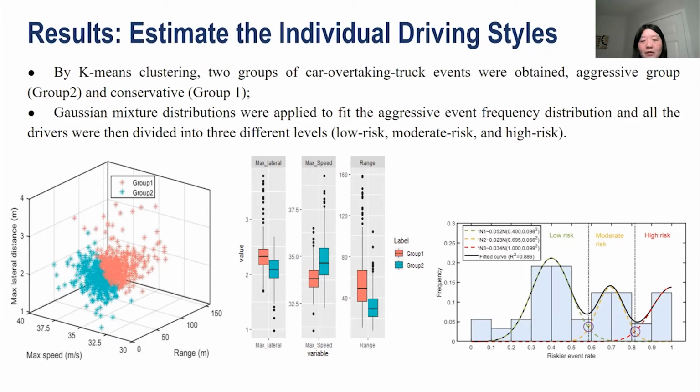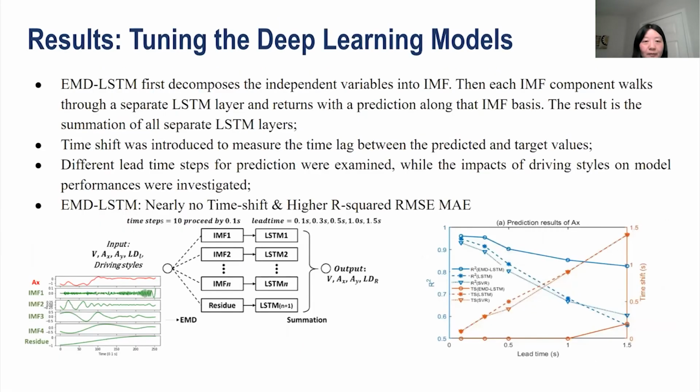Based on the results, all the drivers were divided into 3 groups: conservative, moderate, and risky driving. So the first step is we classify all the overtaking events, then we label each driver based on the threshold of how many risky events this individual has.